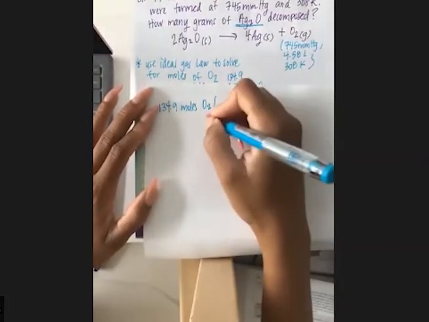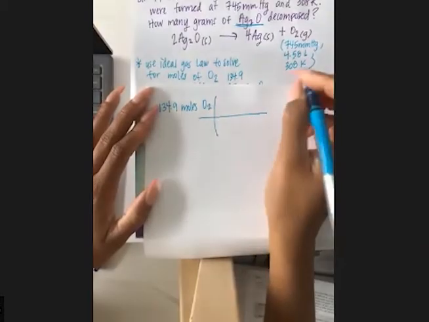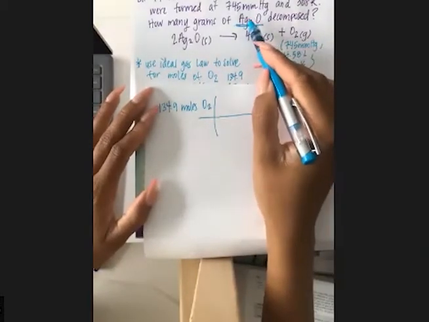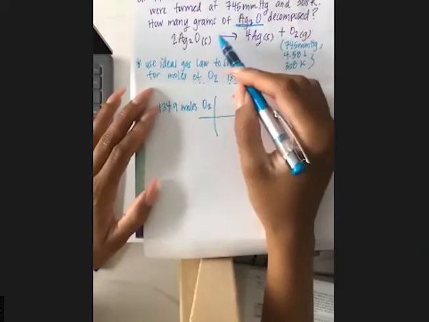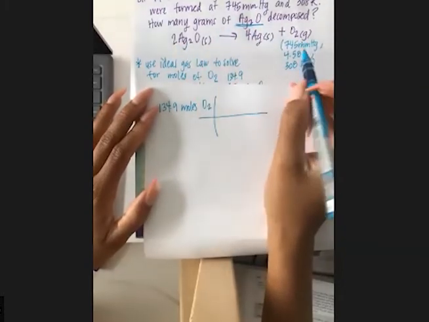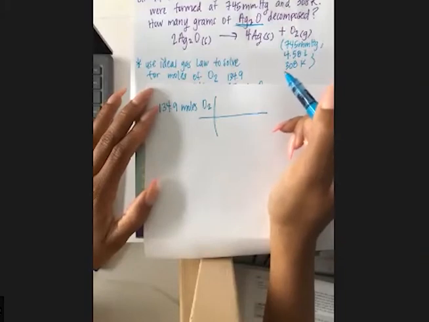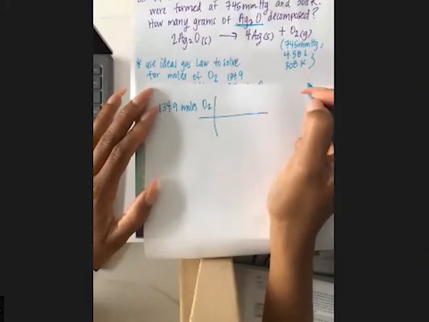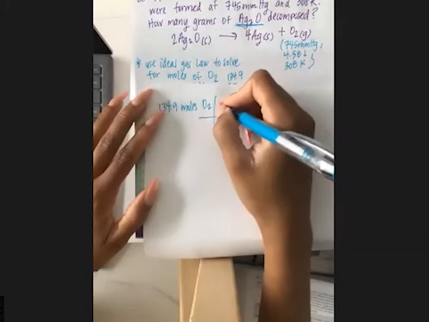I want to convert my moles of oxygen gas to moles of silver oxide, because anytime I go from one substance to another, I have to use the balanced equation that says the mole to mole ratio is what, guys? 2 moles of silver oxide for 1 mole of oxygen.